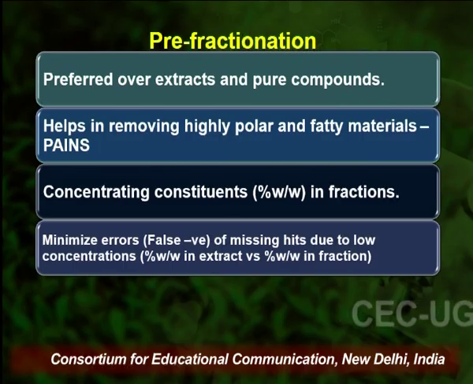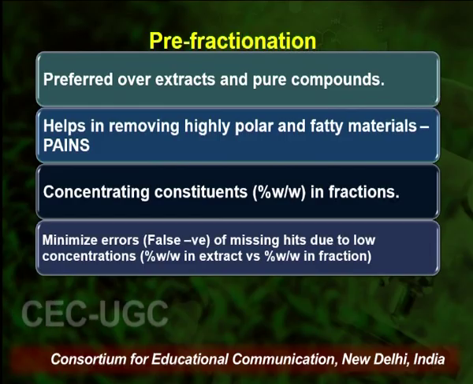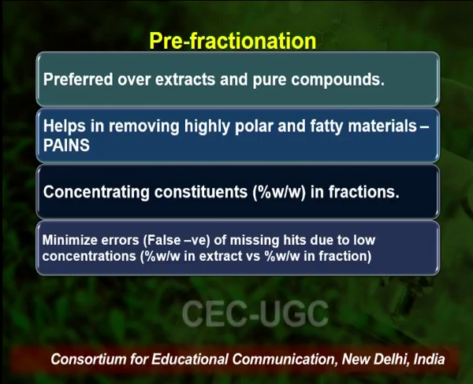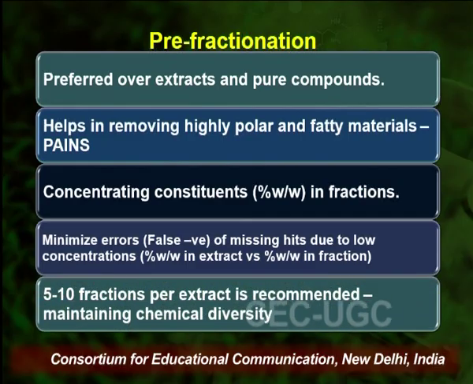Then, minimizing false negatives due to low concentration. Since we are increasing the concentration of the constituents in the fraction in terms of percentage weight by weight, this will also help in minimizing the false negative chances because of the low concentration during the assay.